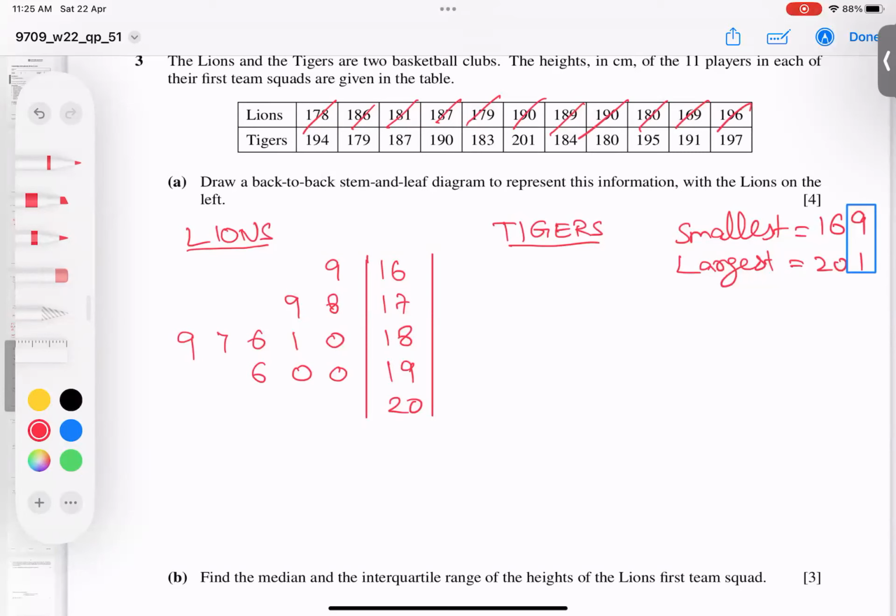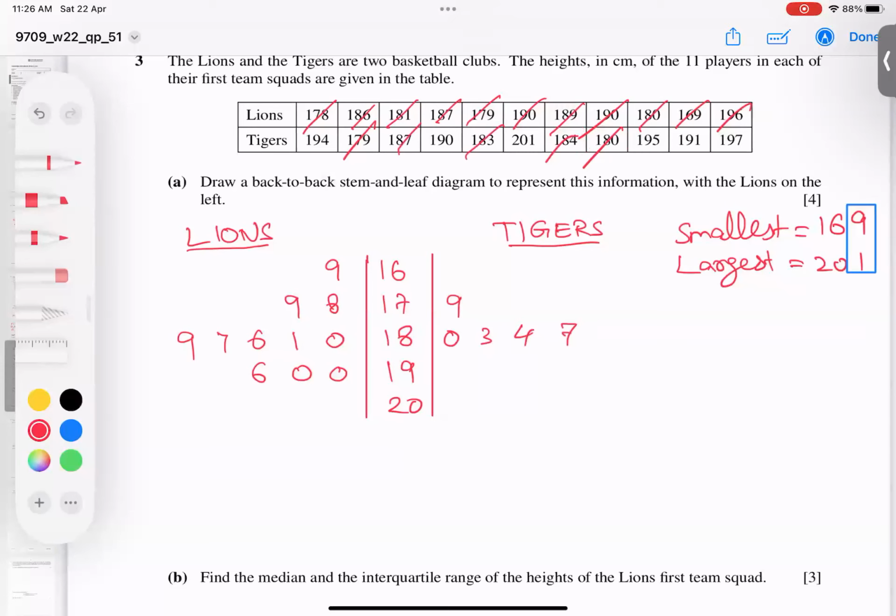Afterwards, Tigers. Let's talk about the smallest number. Any 60 values? No. 70 values? Yes, 1 only. So 79, I'm writing 9. And how many 80 values? The least value is 81, so I cut 80, 0 here. Then I'm looking for 83 and 84, cut these values, 3, 4, then 87.